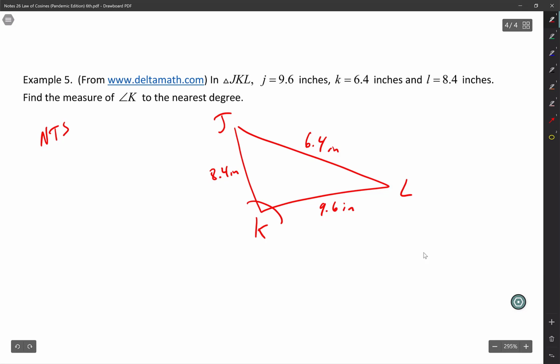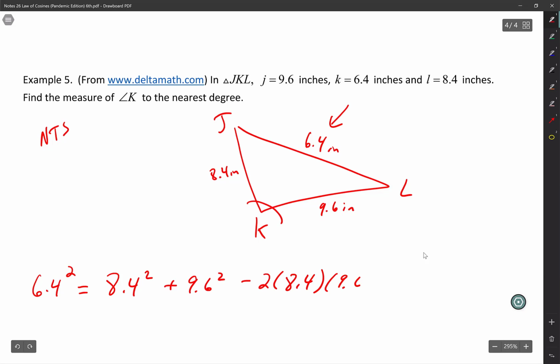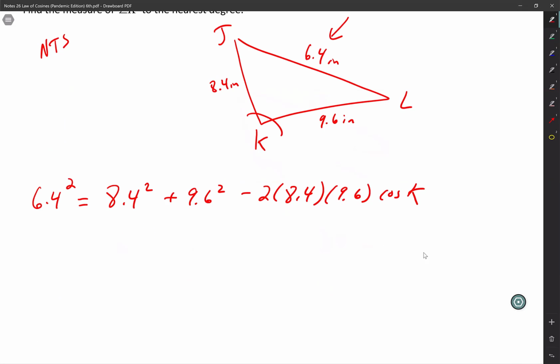So if I'm going to figure out angle K, I'm going to have the 6.4 on the outside, quote unquote, on the left-hand side of my equal sign. 6.4 squared equals 8.4 squared plus 9.6 squared minus 2 times 8.4 times 9.6 cosine of K. So let's see what these are, guys. Someone do me a favor and tell me what 6.4 squared is.